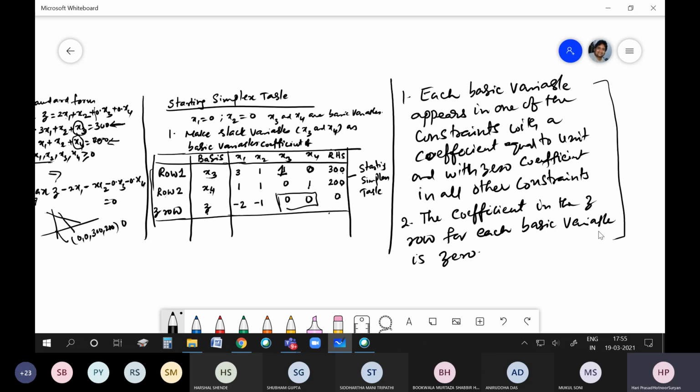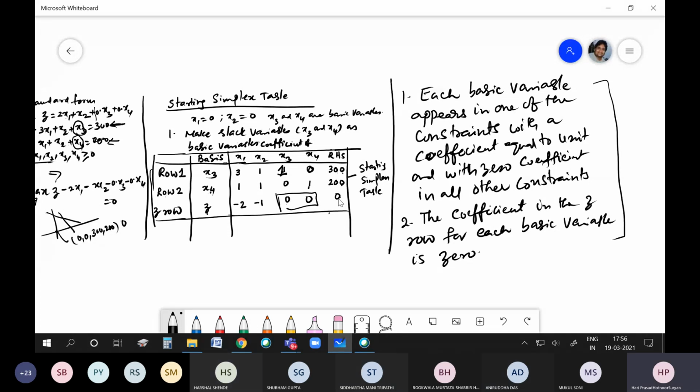Then this is the initial basic feasible solution we start with. What is the value of the objective function here? 0.